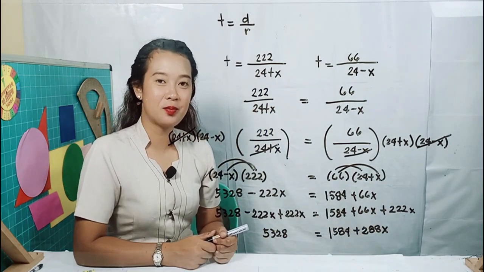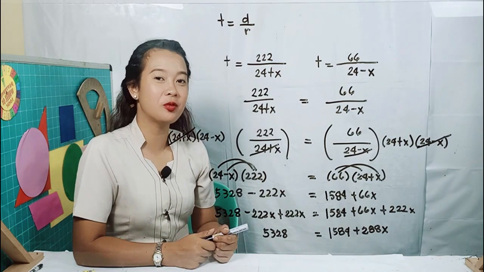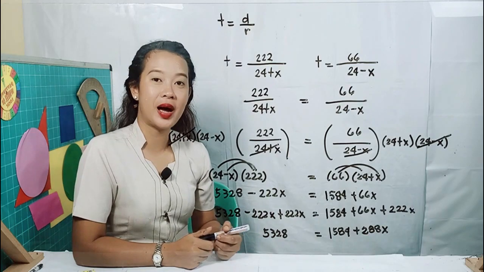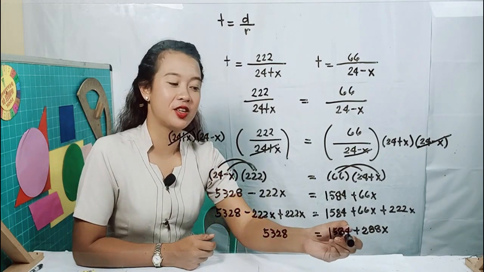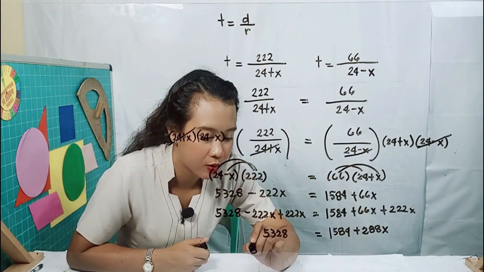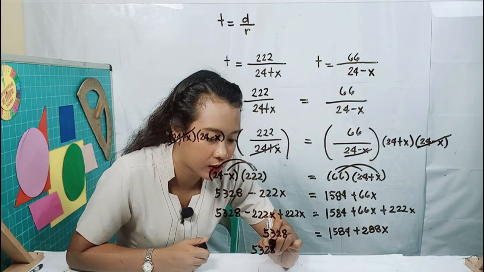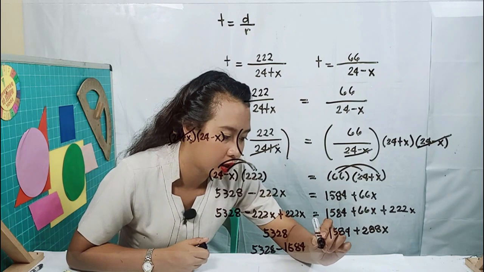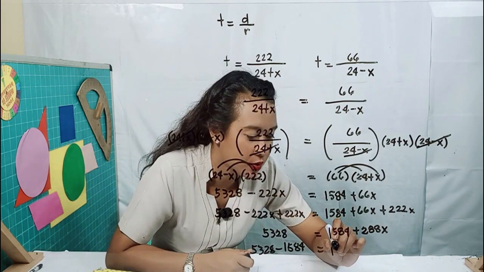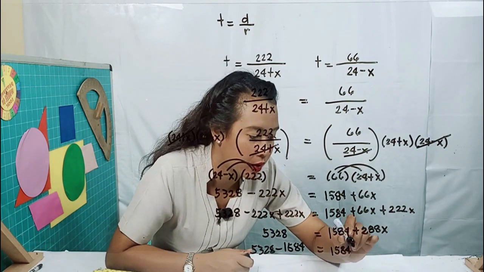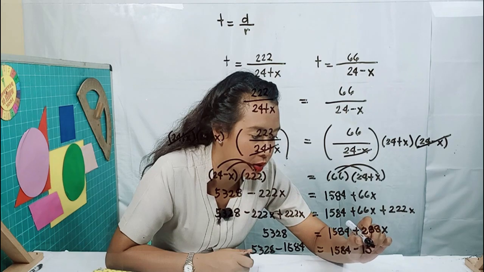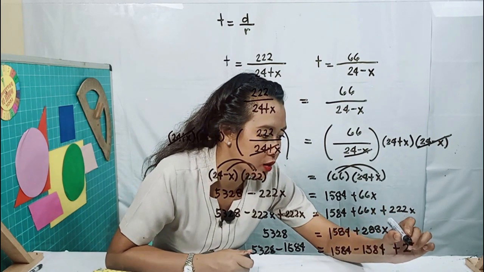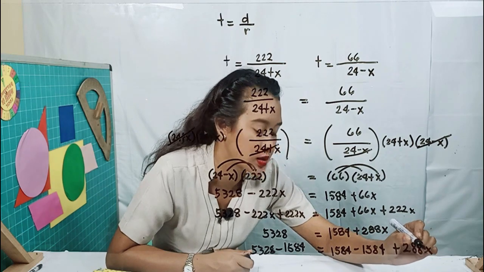Now, let's simplify by applying the subtraction property of equality. Let's subtract both sides by the value of 1,584. 5,328 minus 1,584 equals 1,584 minus 1,584 plus 288x.